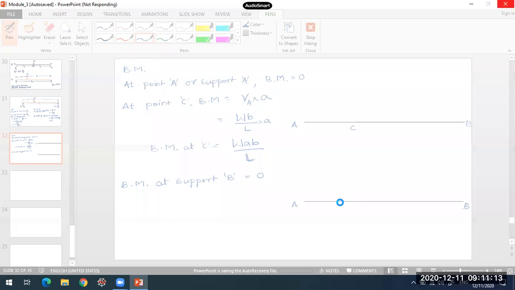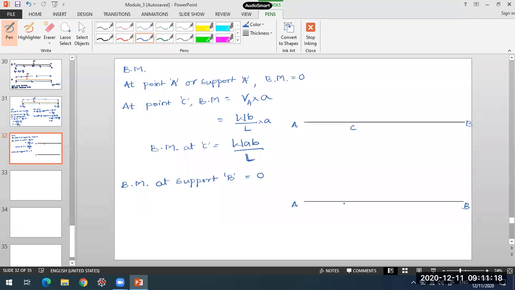And since this beam is carrying the concentrated load, the variation in the shear force will be constant. I'll show you in this diagram over here. C and B. Okay. So first is this shear force diagram.